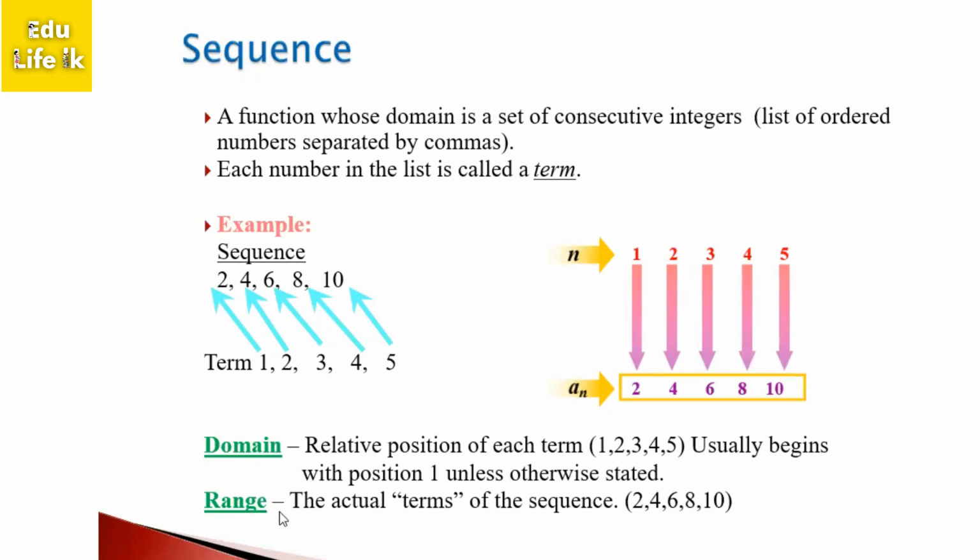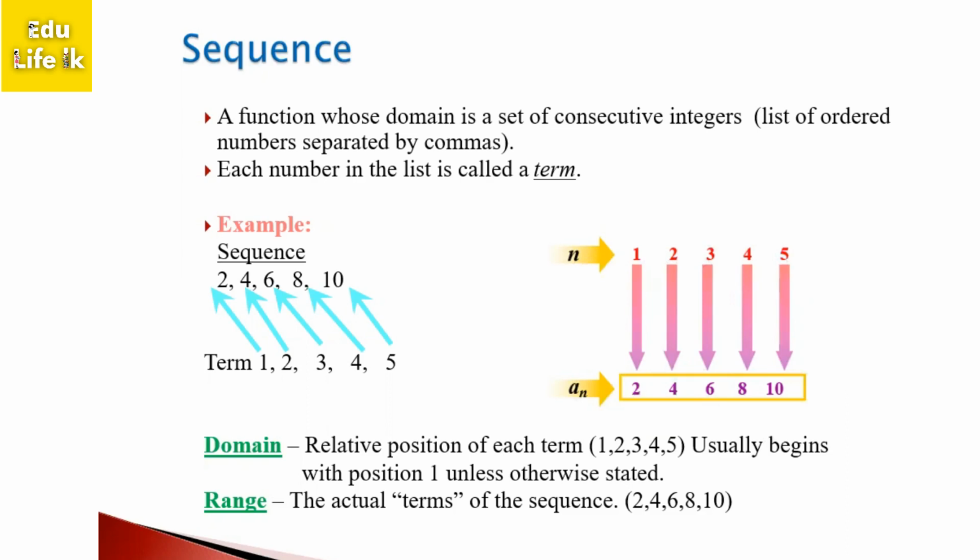This is not very important, but we should have this idea that there is a domain and a range for sequences also. So n represents the domain, and a_n represents the range.